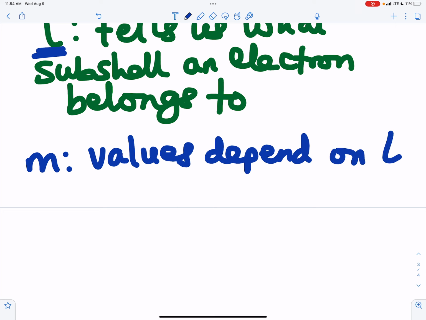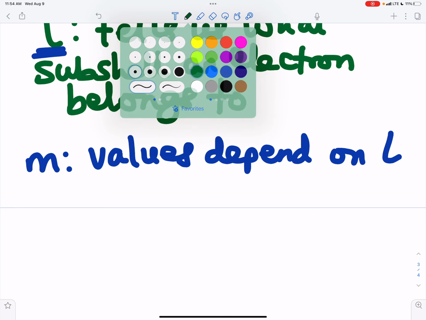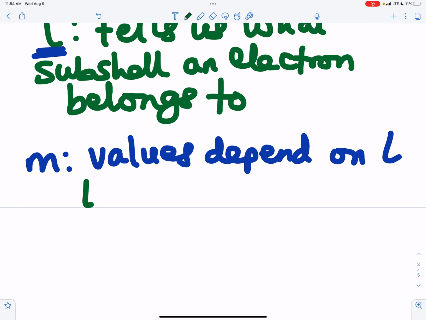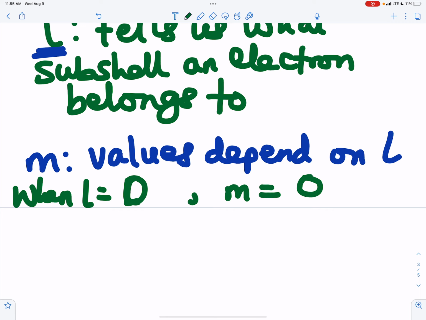When L is equal to 0, the values of M will be 0 also.